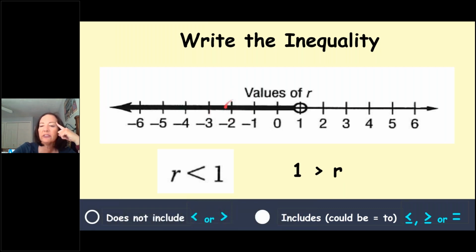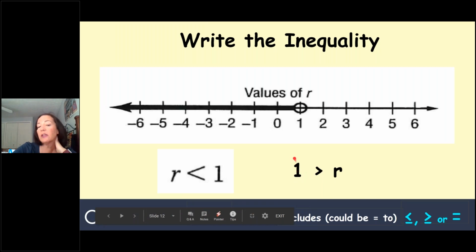It's going to be much easier to graph. Graphing something that starts with the value and then the symbol and then the variable is very difficult for your brain to think backwards and think about direction on the number line. So if you're having to graph it from something like this, always start by reading the variable. So reading backwards, I'm reading R is less than 1.